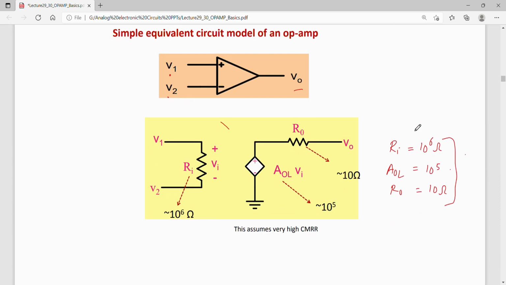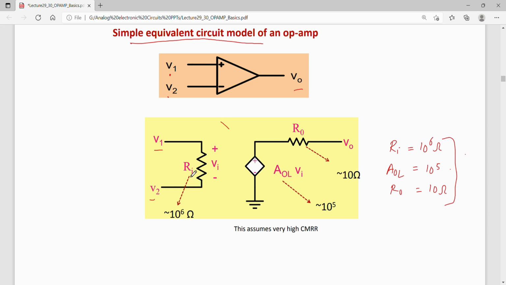Now let us draw a simple equivalent circuit model of this op-amp. A simple equivalent circuit model could be this, where at the input the differential inputs are present, and the differential input Vi drops across the input impedance. The input impedance here is Ri, and this differential input drops across this input impedance of the op-amp.